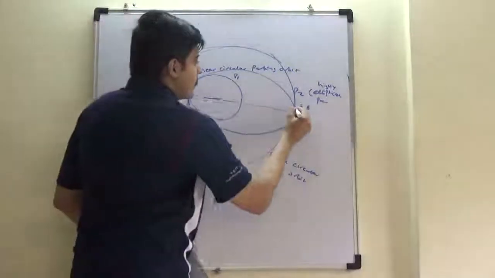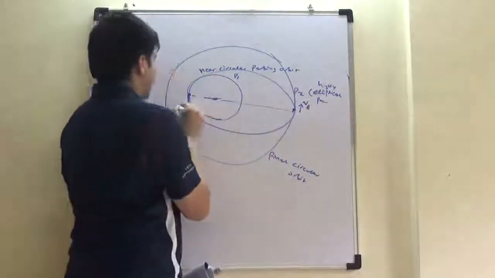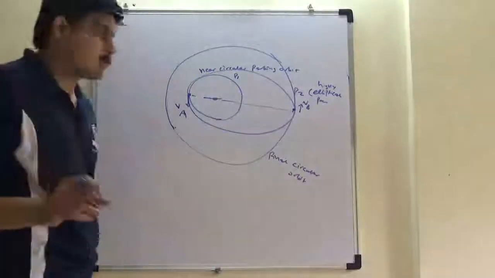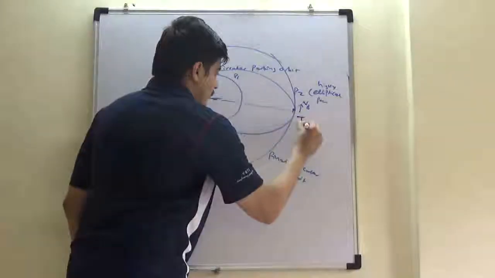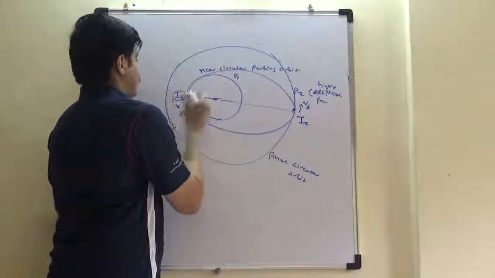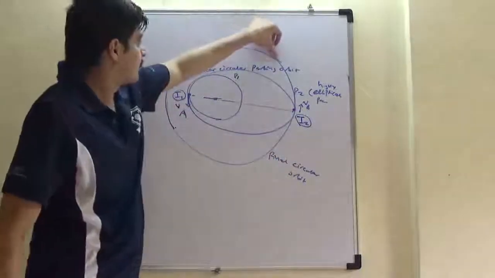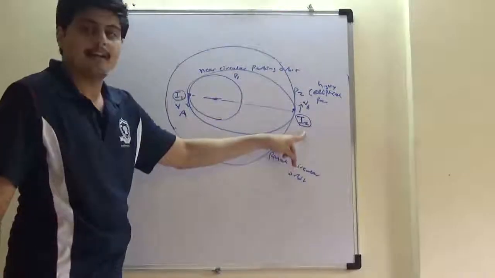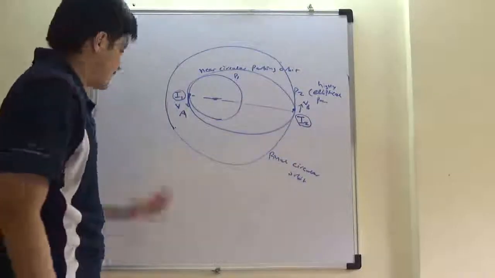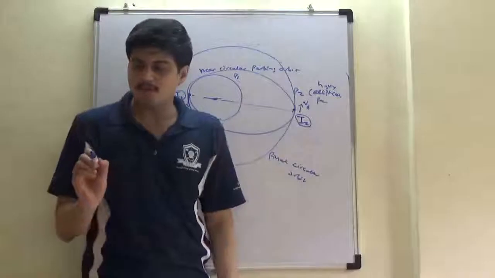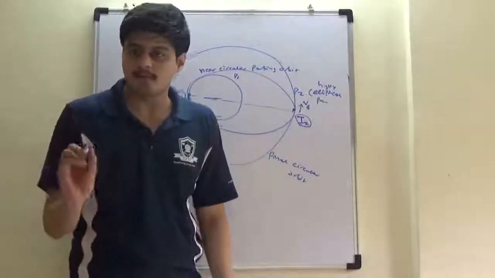Again, when you came here with a certain VB, the velocity again needs to be changed so that it forms a circular orbit. These are called inter-orbit impulses which you fire. So your velocity was 10 km per hour or 3 km per hour.